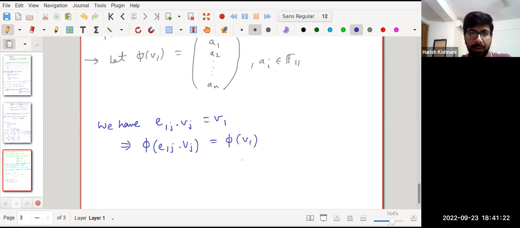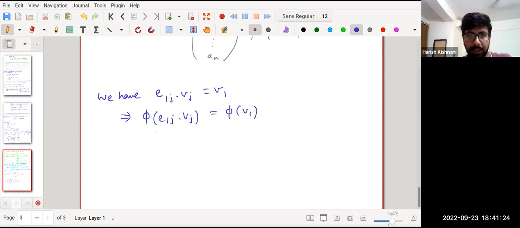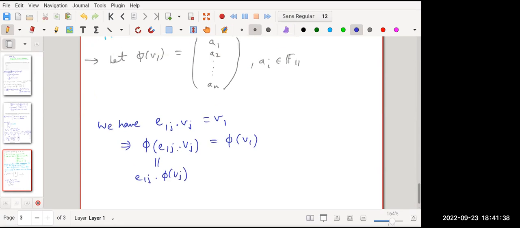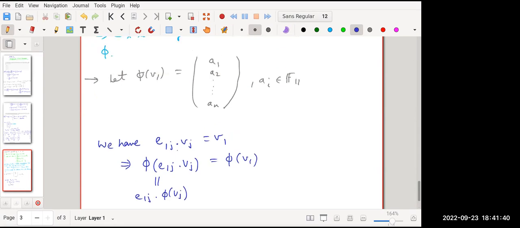But as you are assuming it to be a module homomorphism, this is nothing but e1 comma j dot phi of vj. Okay? Yes, sir. Okay.